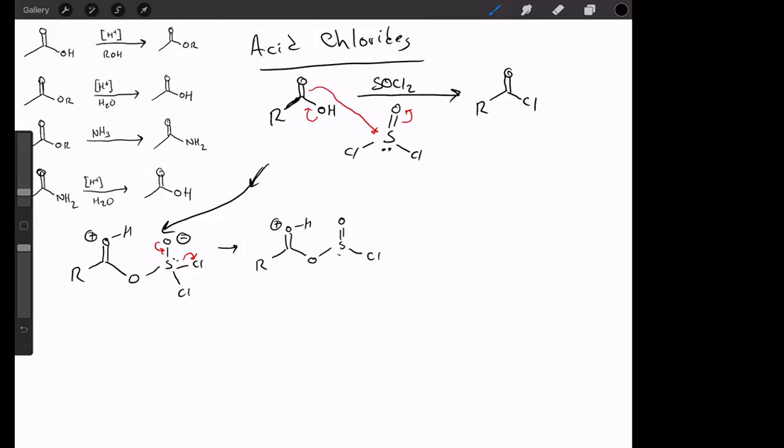Notice what I did here is I essentially rotated around this bond in the next structure. This double bond here goes from a double bond to a single bond. This single bond here goes from a single bond to a double bond. I rotated them so that the double bond that's getting formed points up, and the double bond that changes into a single bond points down. The only reason I did that was for simplicity of drawing. I just wanted to make sure everybody saw that.